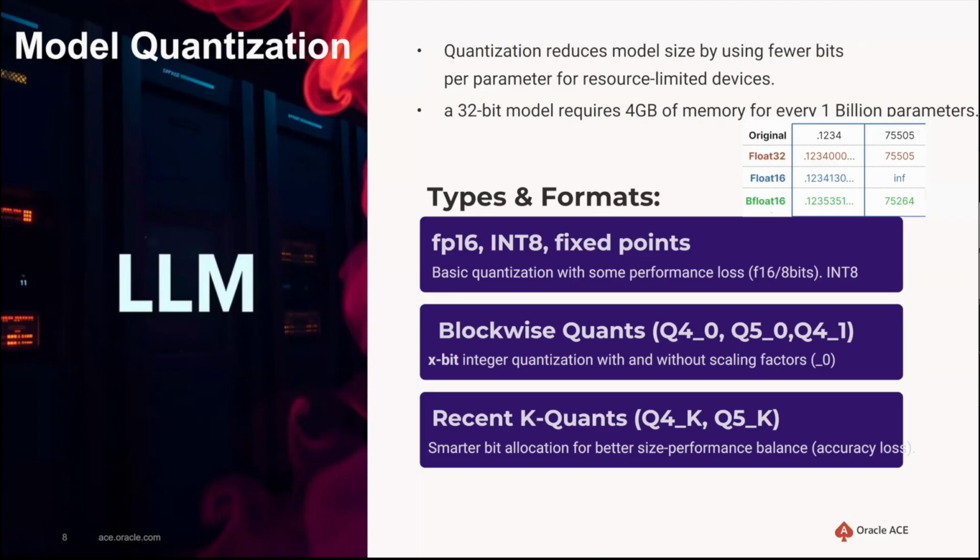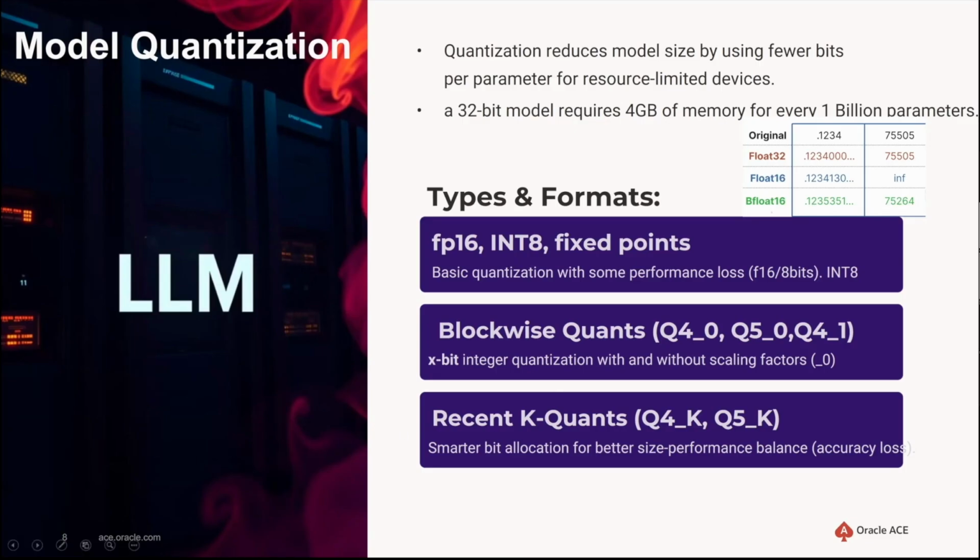You have blockwise quants, as you can see here, Q4_0, Q4_1. They have quantization with scaling factors. And then you have the recent K-quants. K means k-means, actually. These are very popular and used a lot by the community. Why?